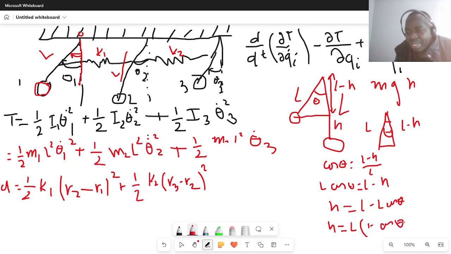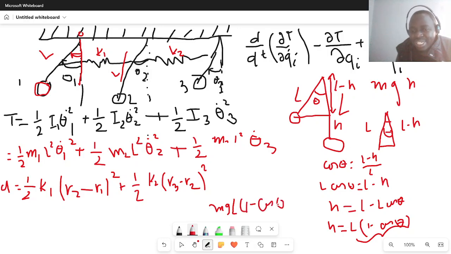If you look at the PDF that I've sent to you in the group before, this is the expression that I wrote down. This is where it comes from. So in this case, what will be the formula of potential energy? It's going to be mg, and H will be L(1 minus cos theta).